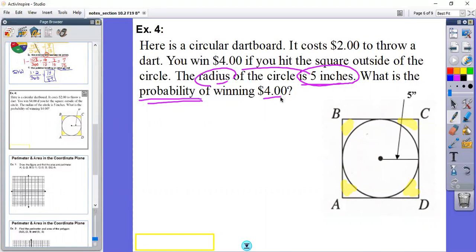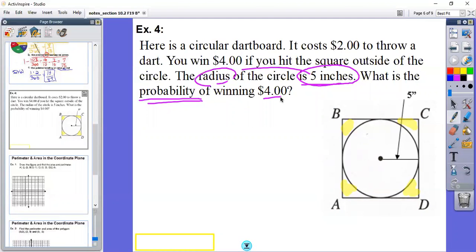So I want to think about the sample space, which is the entire shape. And I want to think about what is the area of the total shape there. And that's going to be our denominator number, and our numerator number is going to be the total area of those outside of the circle spaces.